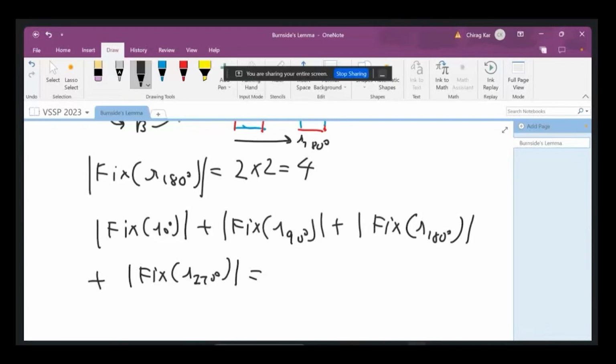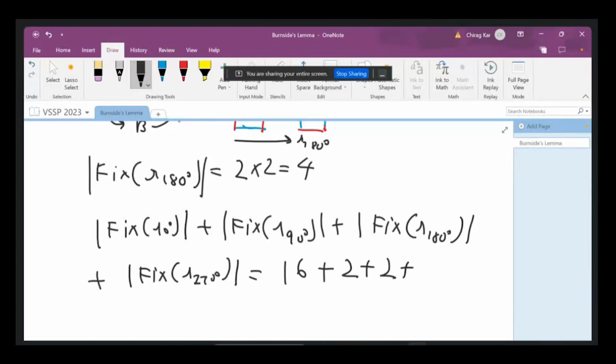So in total, right now, we have fix of R naught, which is the entire set X, and the cardinality of that set is 16. Then fix of R90, which we figured out to be 2. Similarly, fix of R180 is 2.